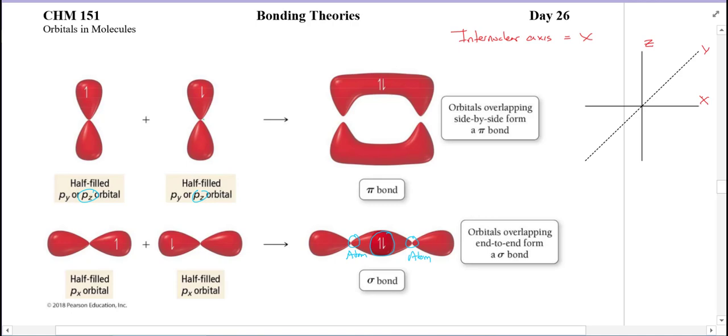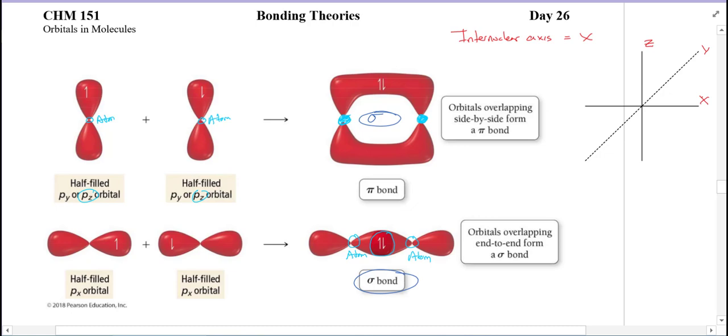So again, there's an atom and an atom. There's my atoms.